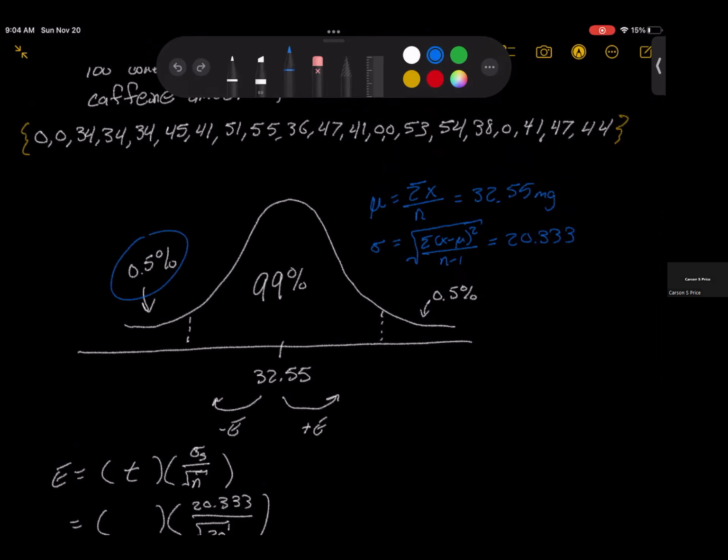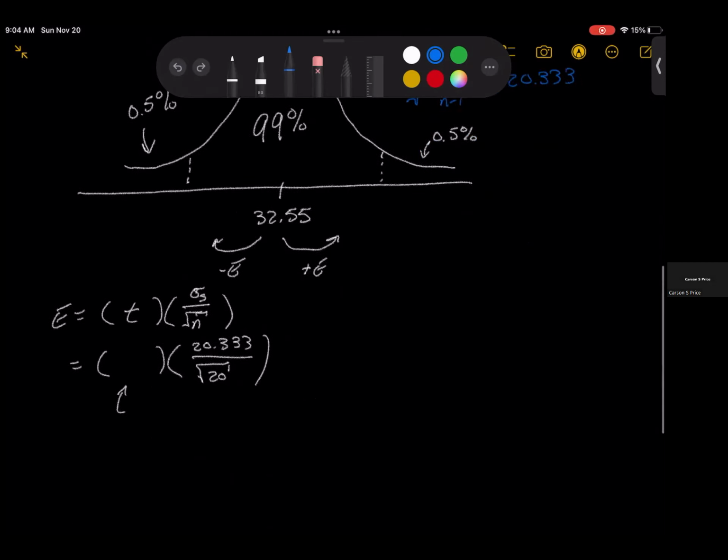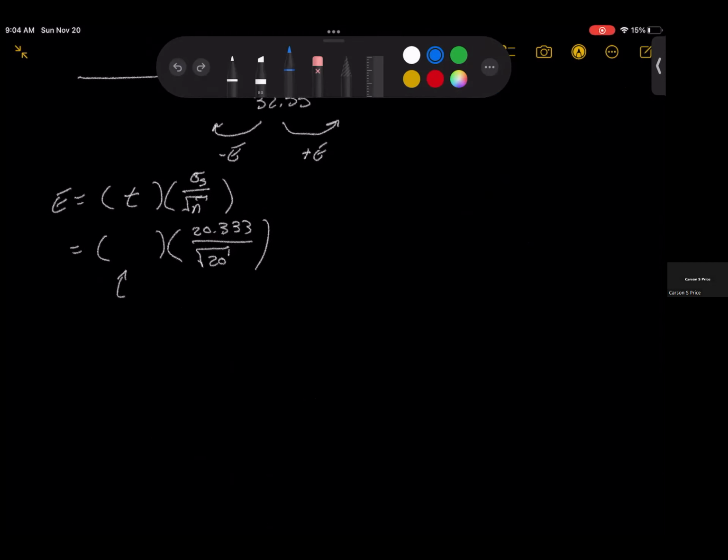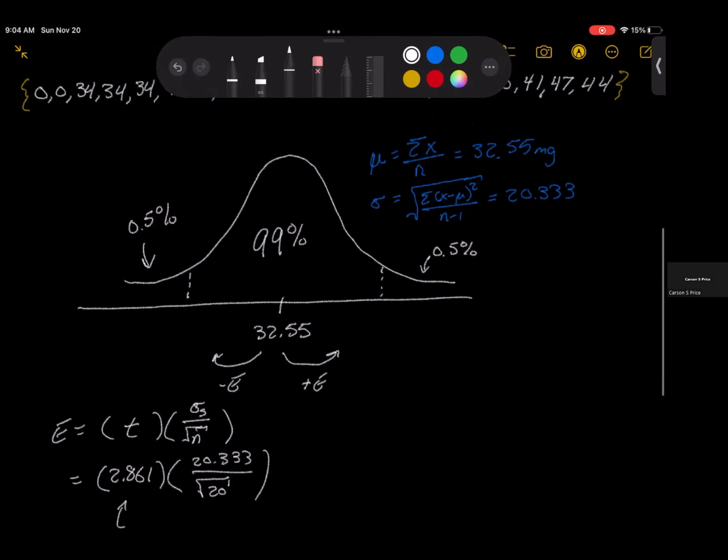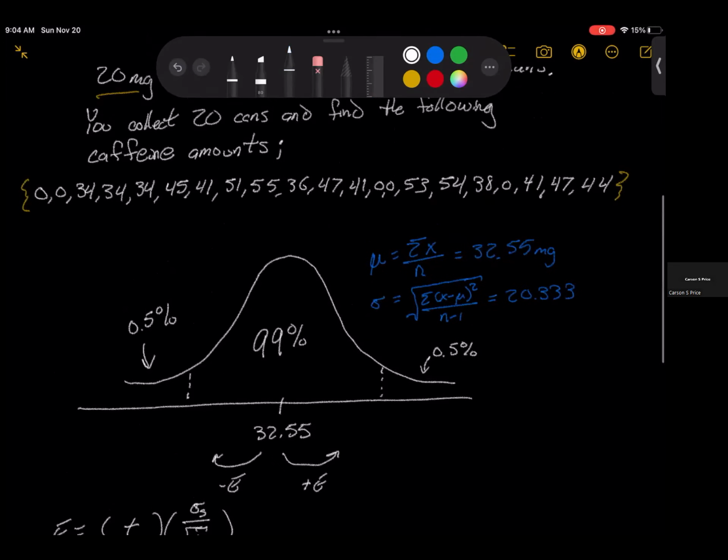Either way, that critical value that we're looking for is 2.861. t-values depend on how much area you want in the tail, so they depend on this picture, and they also depend on your degrees of freedom, which is one less than your sample size. So we would have degrees of freedom 19 here.